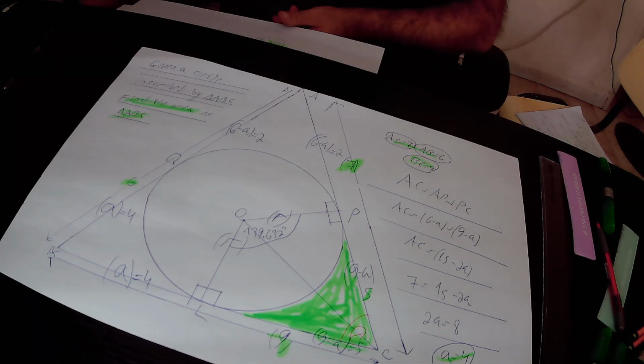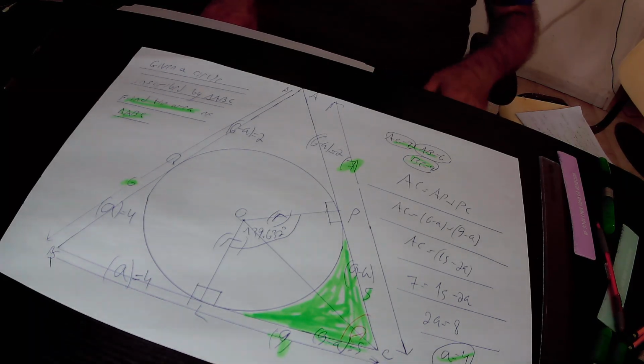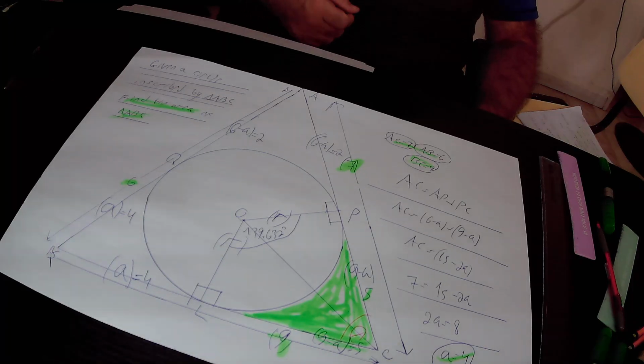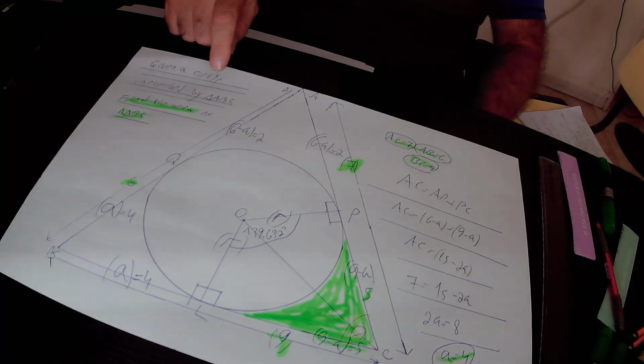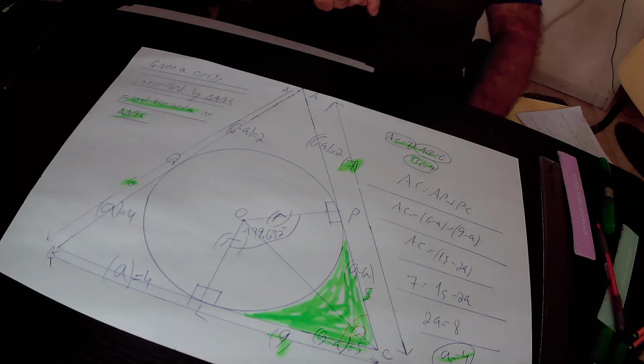In the next step, we find the semi-perimeter of triangle ABC. The semi-perimeter of any triangle equals the perimeter over 2. The perimeter of any triangle equals the sum of the three side lengths. In this case, it is 6 plus 9 plus 7.